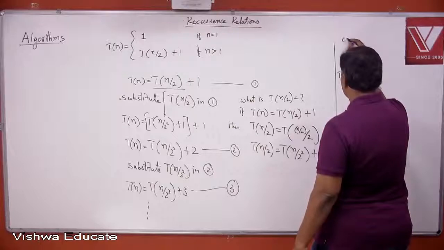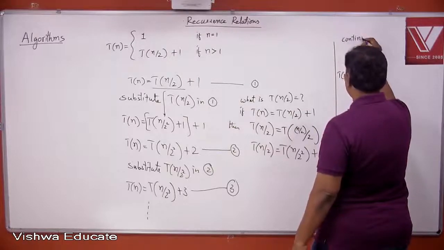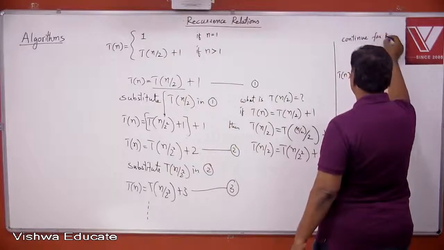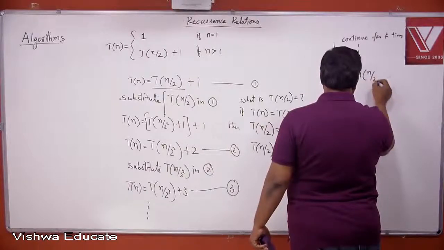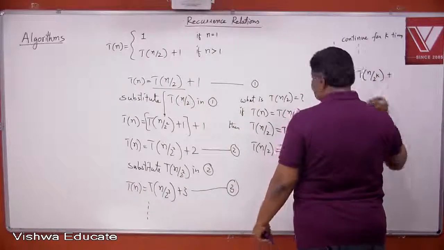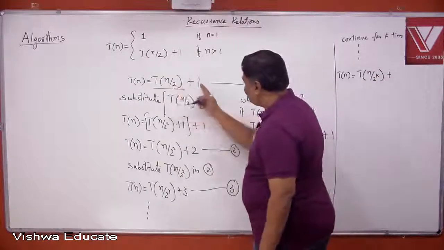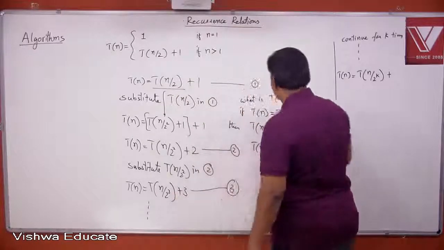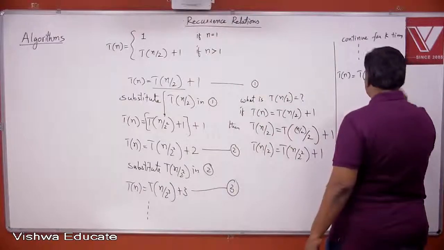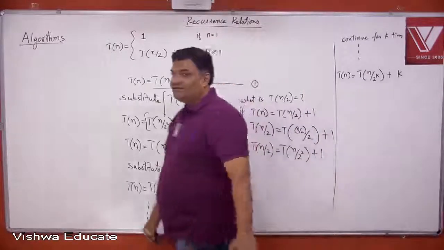So I will write it here. Then what will it be? T(n/2 power k) plus, see, this was nothing, so we got 1. Then next we got 2 here. Next this is cube, so we got 3 here. So k, we get k here. So continued for k times.